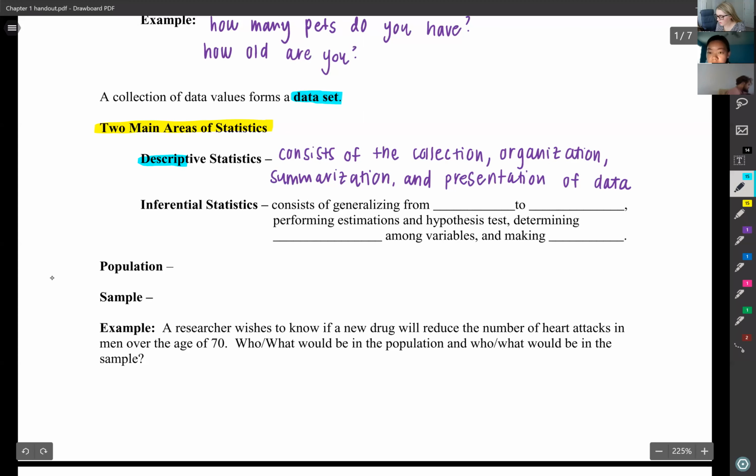Okay, so that's my first one. That's descriptive statistics, and that consists of the collection, organization, summarization, and presentation of data.